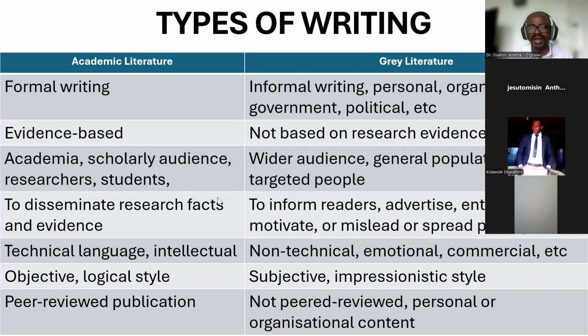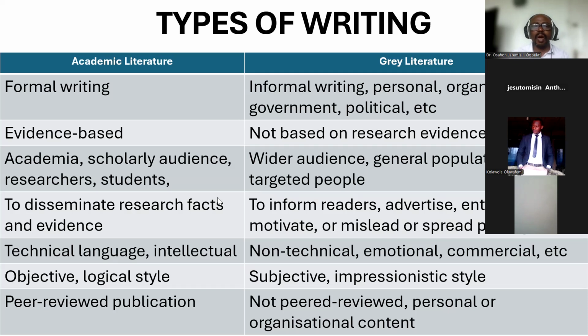As an example, a novel is gray literature. Okay, therefore, any person who understands the language should be able to read and understand a report that is written as gray literature.